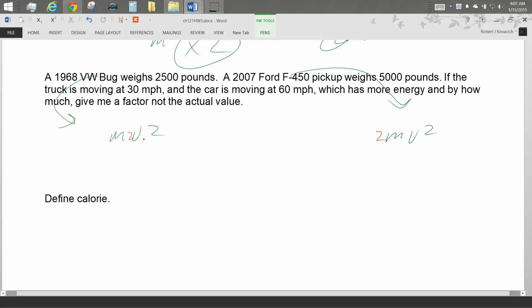So what does it equate to? A 2 squared gives you what? 4. So over here, this velocity term is now changed by a factor of 4. I didn't modify the velocity on this one, but it has twice as much mass. So tell me who's got more energy this time. This time the Bug, and the Bug has twice as much energy.